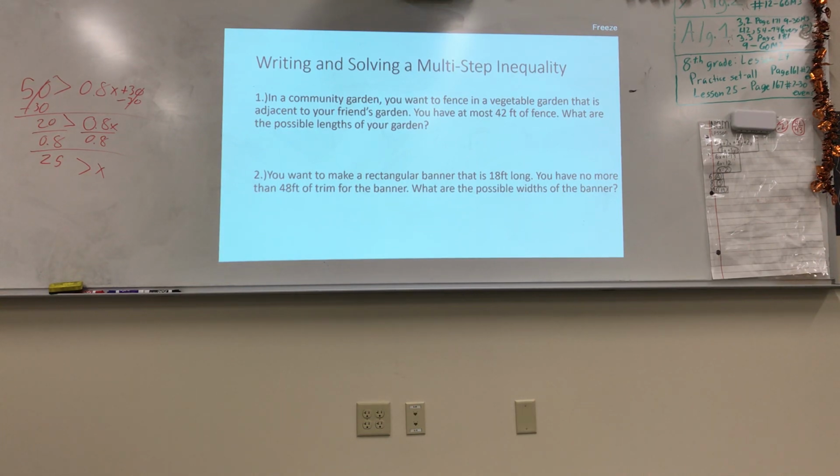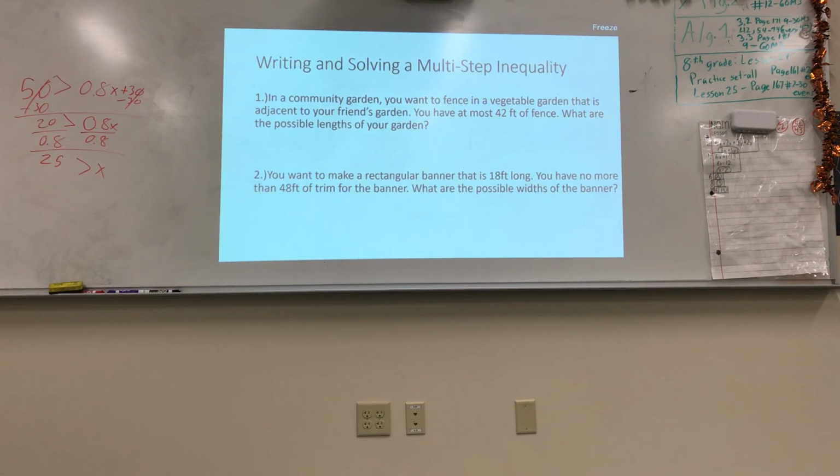Well, first off, you can only have 42 feet of fence. So in your community garden, you want to fence in your vegetable garden that is adjacent to your friend's garden. You at most have 42 feet of fence. What are the possibilities?